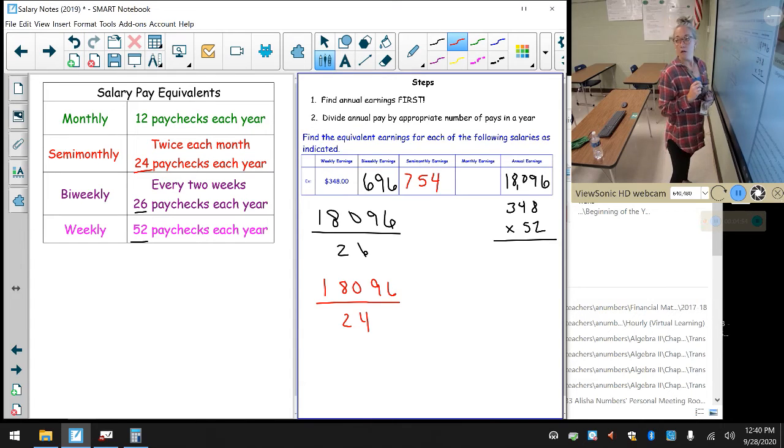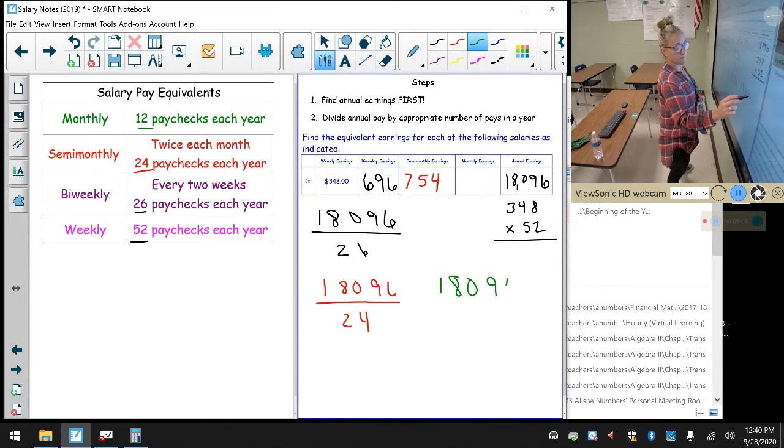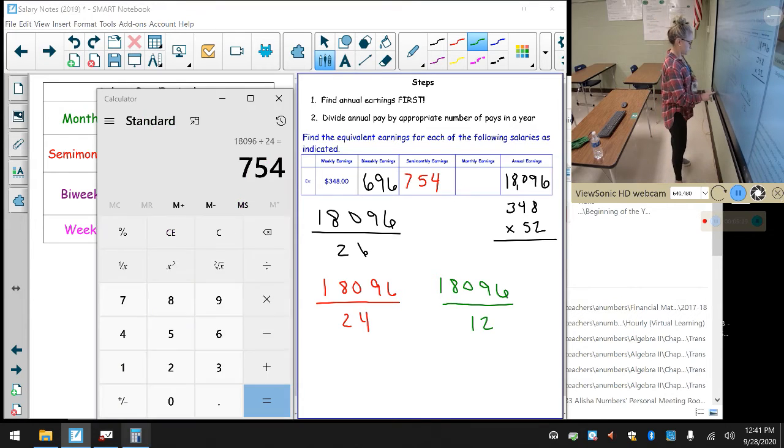And now to find monthly, I'm going to take 18,096 and divide it by 12. That's $1,508.